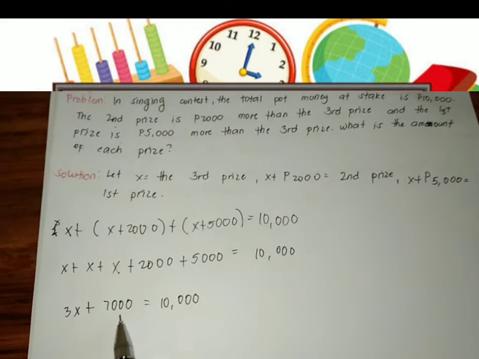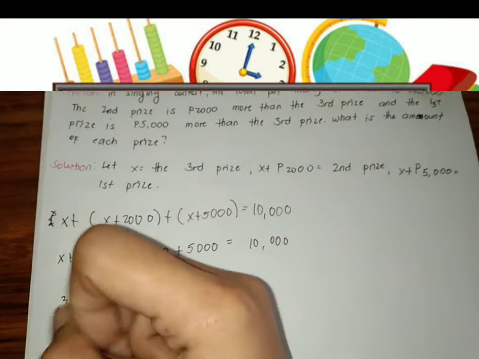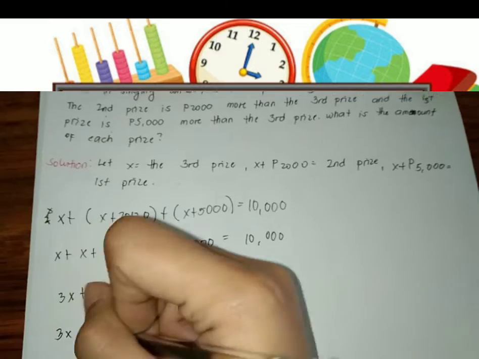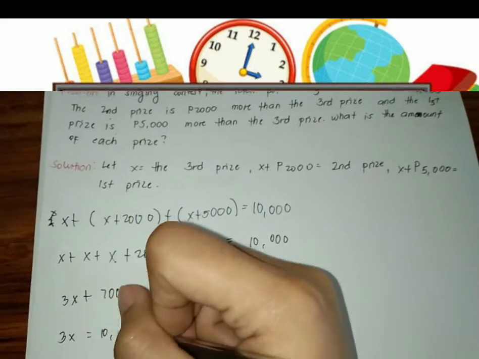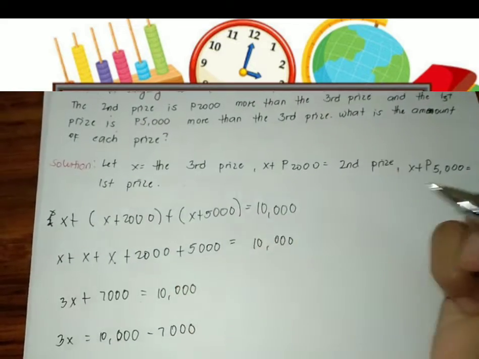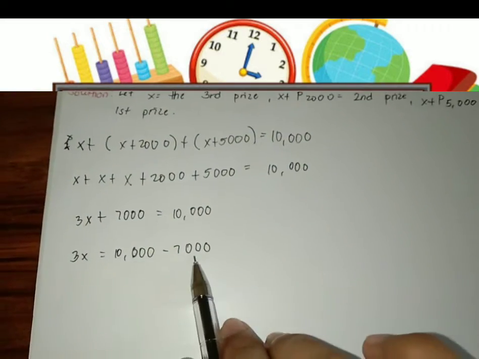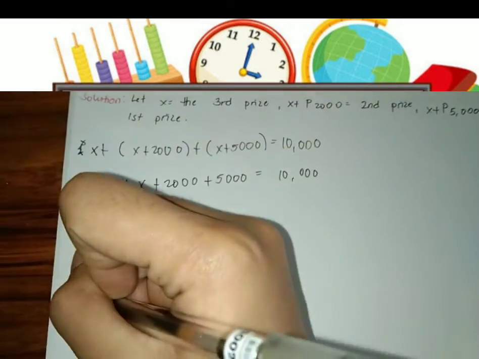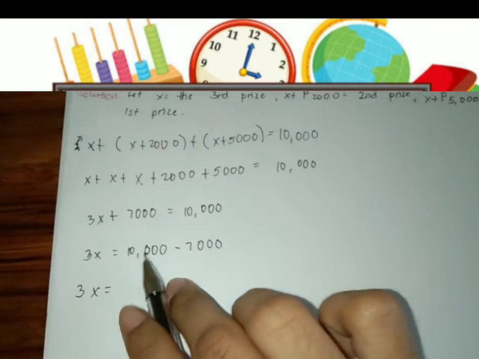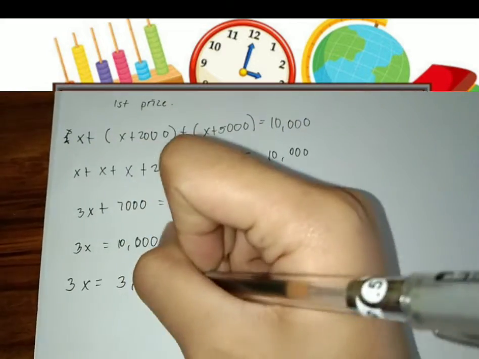Now we are going to move the 7,000 to the right side. So we have 3x is equal to 10,000 minus 7,000. Now we subtract 7,000 from 10,000, so 3x is equal to 3,000.